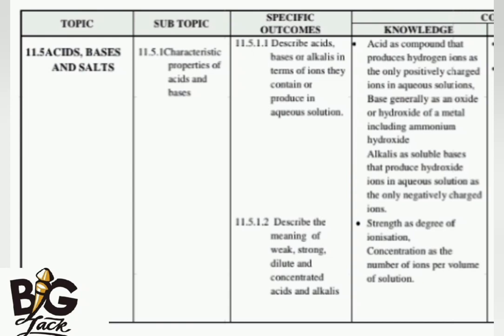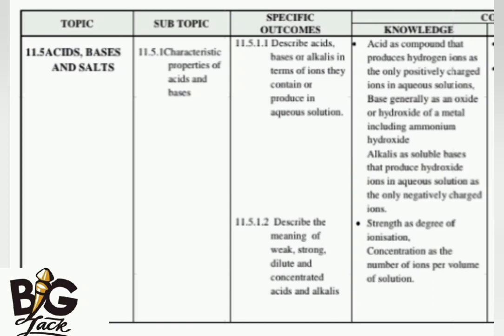They are going to ask you to describe an acid, or to describe a base, or to describe an alkali, in terms of the ions they contain or produce in aqueous solution. So an acid is a compound that produces hydrogen ions as the only positively charged ion in aqueous solution or in water.